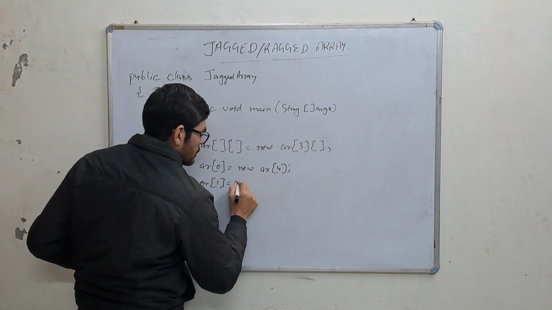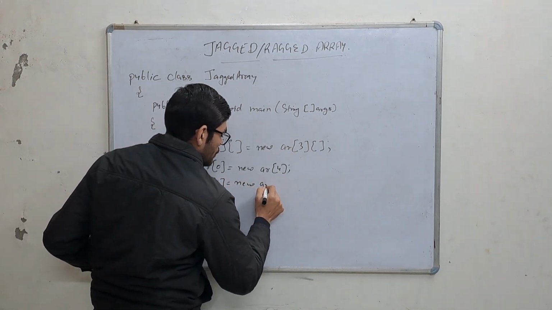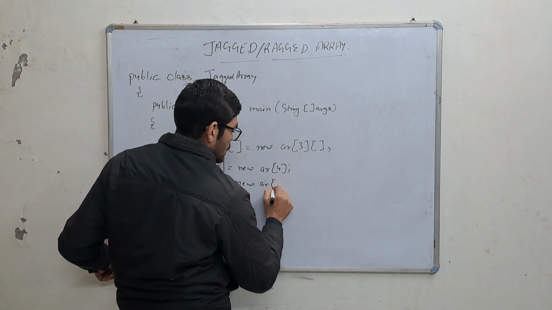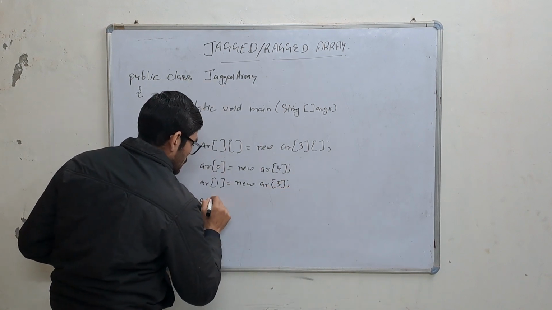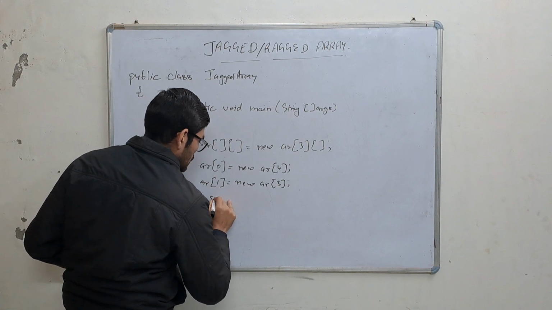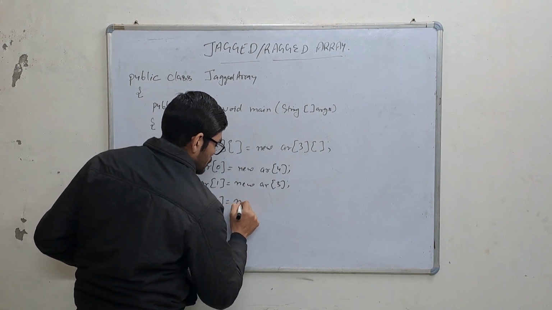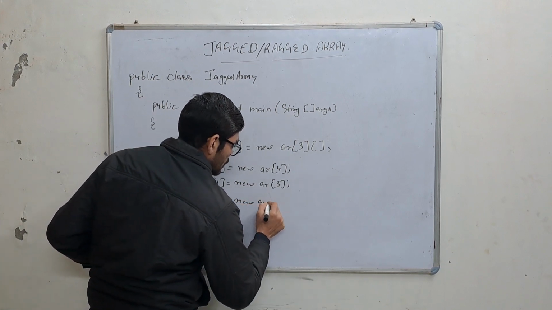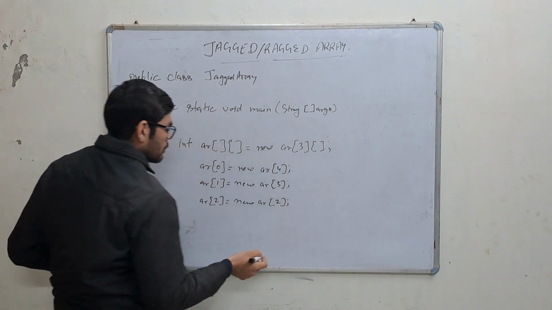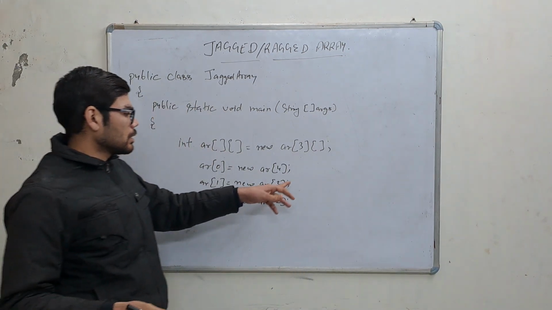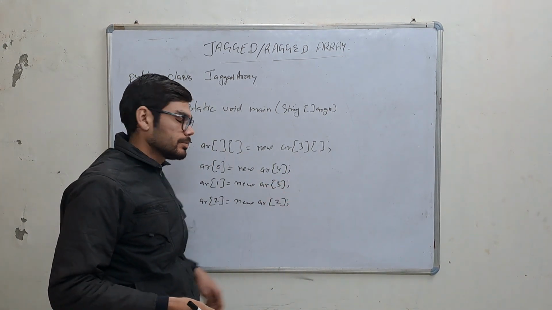AR[1] equals new int[3], AR[2] equals new int[2]. You can take any number you want.